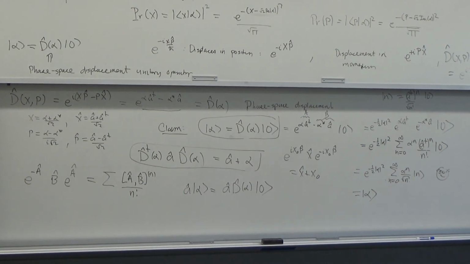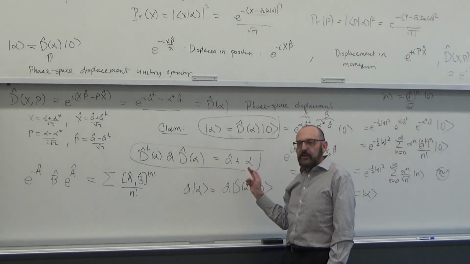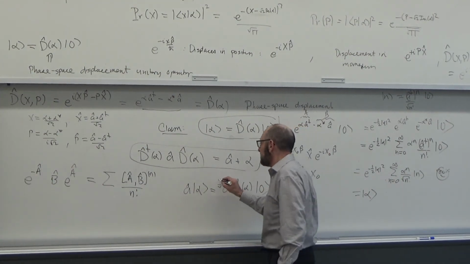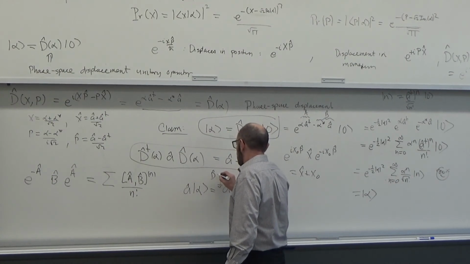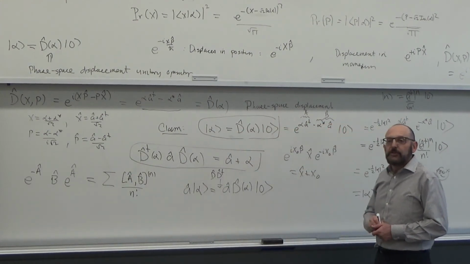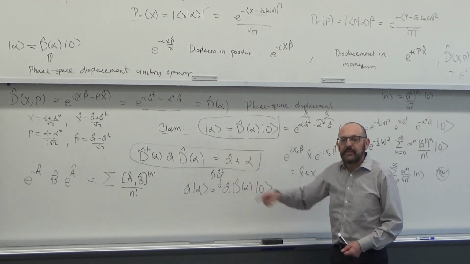Well, I can do a commutator if I want, by just putting D on the other side, or stick in a D dagger D, or a D D dagger. And what's this? Well, it's right there.